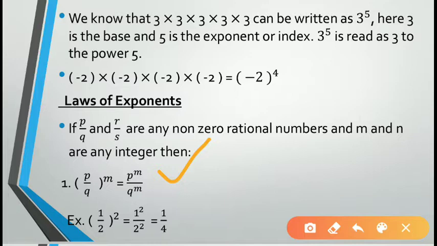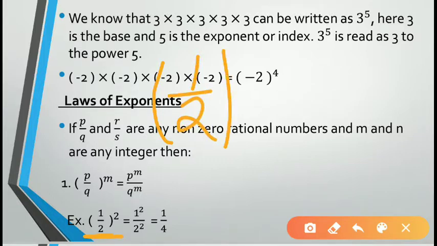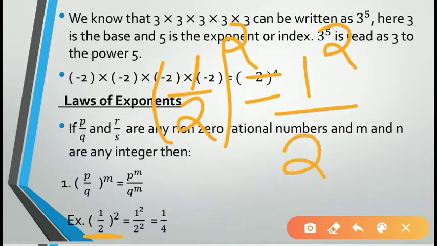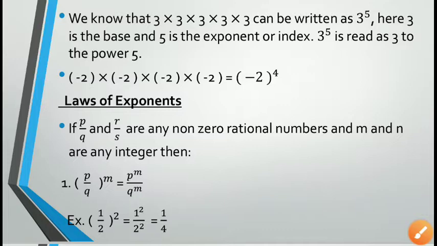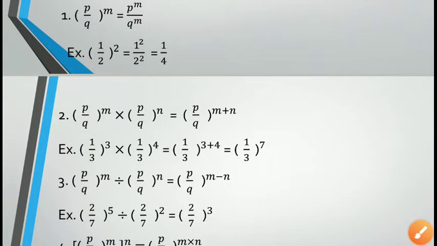Let's understand it by one example. Suppose 1 by 2 is a rational number and the power of 1 by 2 is 2. So we write it as 1 to the power 2 upon 2 to the power 2. It means the power will go on the numerator and also on the denominator. This was the first law of exponents.